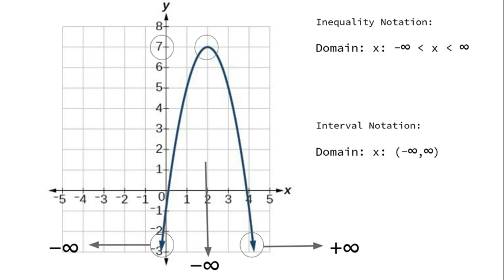So for the range, negative infinity is less than y is less than or equal to +7, because our graph is touching at +7. When we write in interval notation, over here at negative infinity, it's not equal to, so we use a parenthesis, and over here it is equal to, so we will use a bracket.